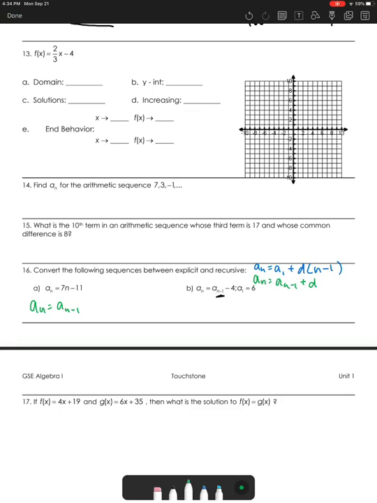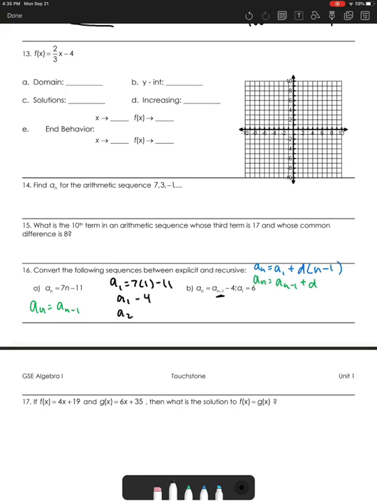We just need to find what d is. How we do that is you plug in terms for n and find what that common difference is. So if you plug in 1 for n, you get a sub 1 equals 7 times 1 minus 11, and you get a sub 1 equals negative 4, okay?